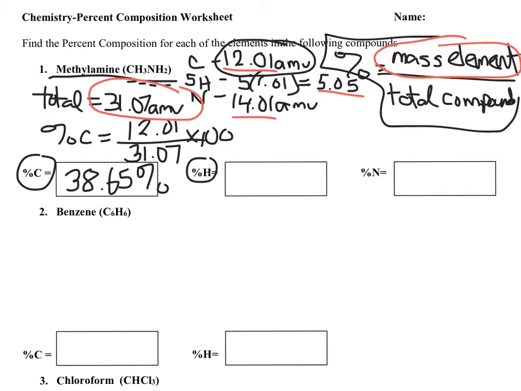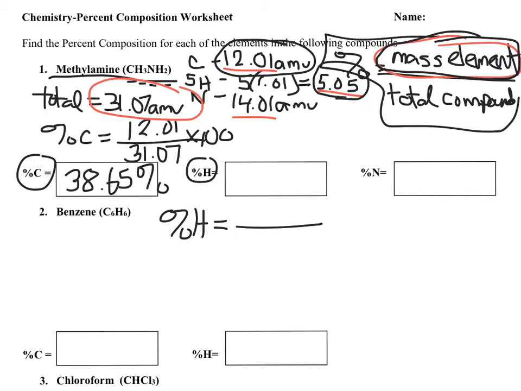Now, for our percent hydrogen, I'm going to do that down here just to make room for my work. For my percent hydrogen, I need to take the total mass of hydrogen. We found that already. That's 5.05 atomic mass units. And we're going to divide it by the total mass of the compound, which is 31.07.